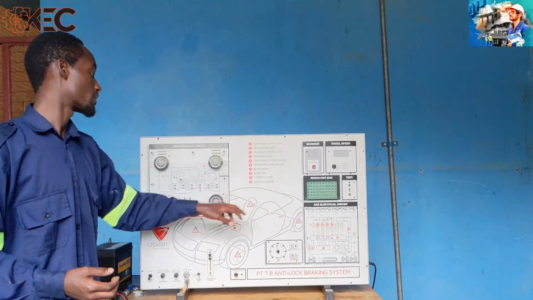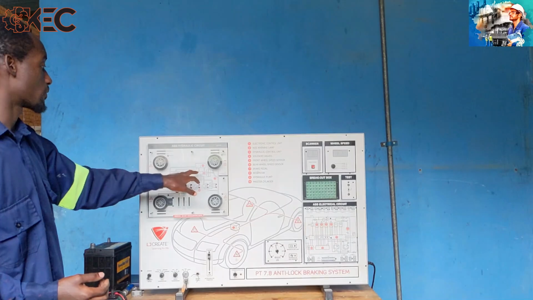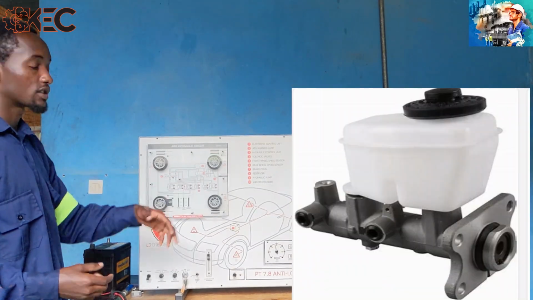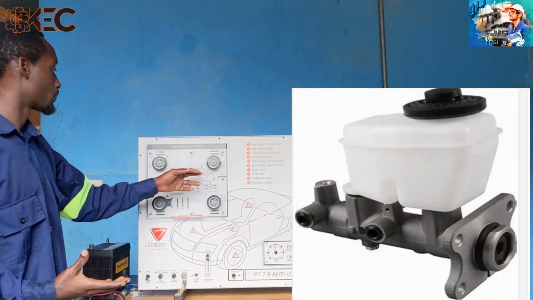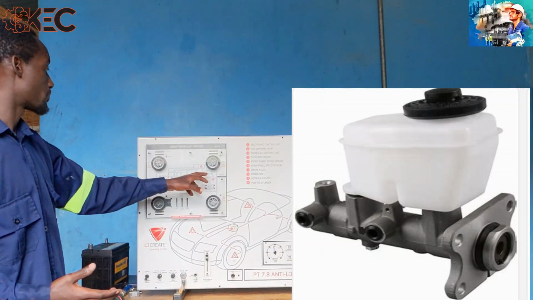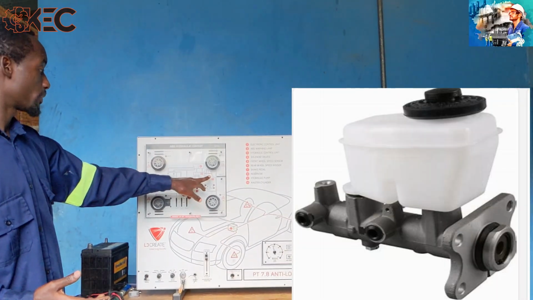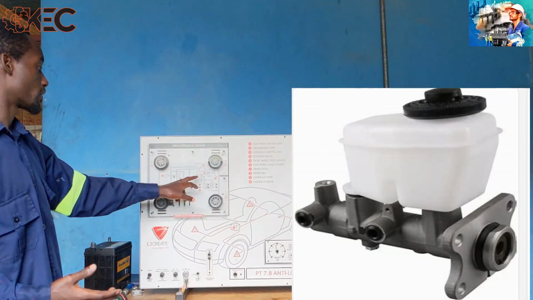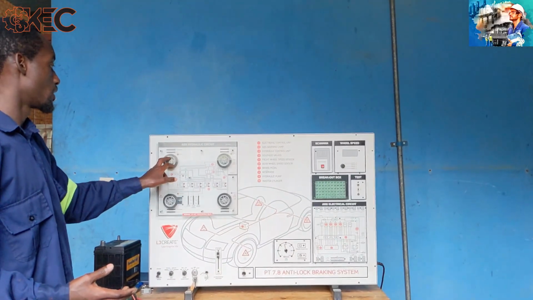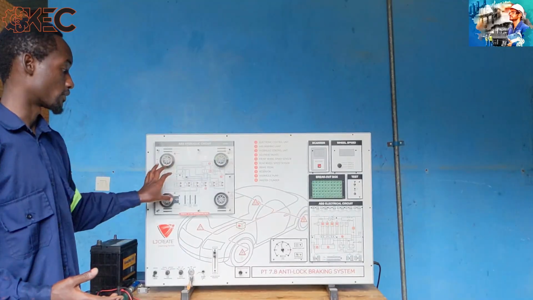And also there is the master cylinder, which acts like a manual or mechanical pump. You just press on the brake pedal in order to press the hydraulic fluid through the hydraulic lines to go and brake those wheels.